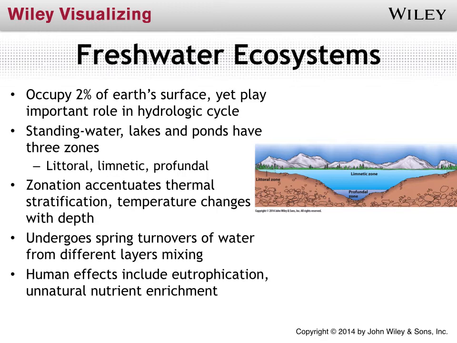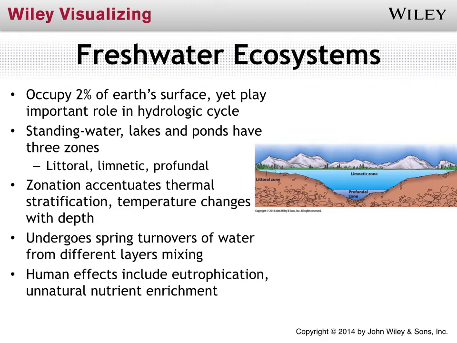So basically this zonation or layering of a standing water ecosystem typically creates thermal strata: colder near the bottom, warmer as you get near the top. This allows for things like turnover, which is a mixing of the water.